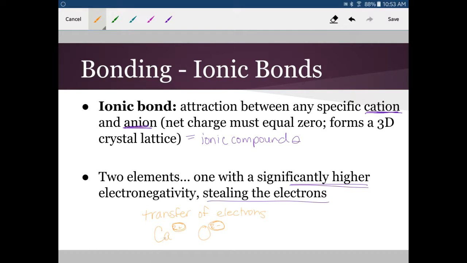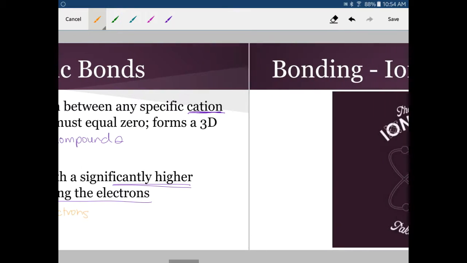Well, if I have calcium oxide, the 2 electrons that were lost from calcium were gained by oxygen. So this does make sense: for this example, oxygen has so much greater an ability to pull electrons, it's so much stronger than calcium, that it completely steals those electrons. Okay, so that is something to keep in mind when we're talking about covalent versus ionic bonds.